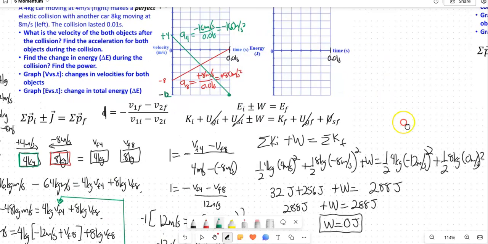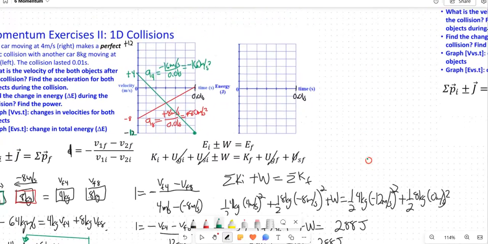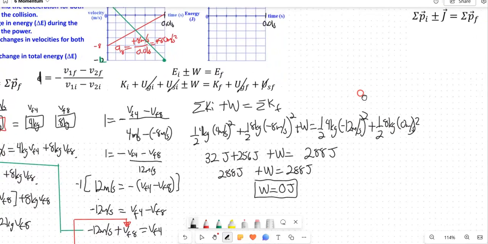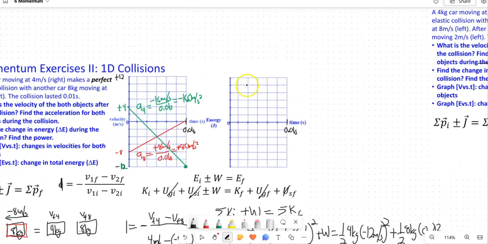All right. For the power, well, that's easy. Since there's no change, the initial energy is 288. I'm just going to put positive 288 joules right here, and that is not changing the whole period of time.